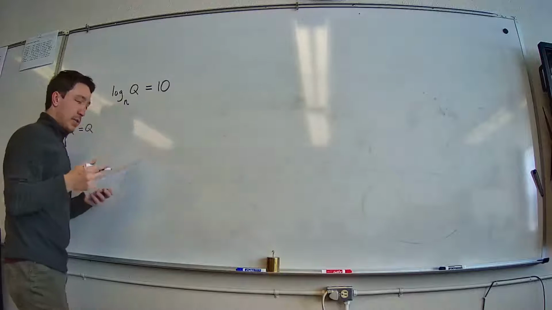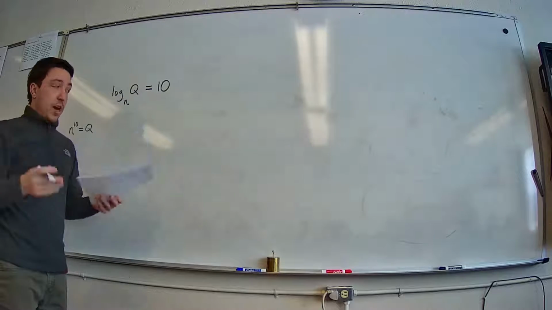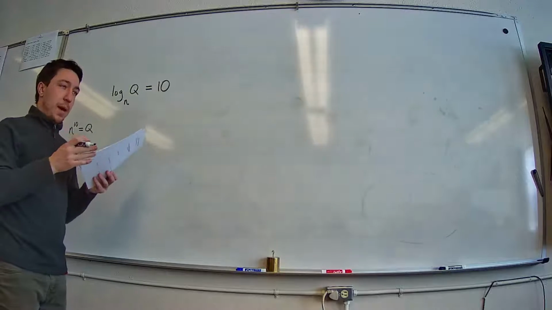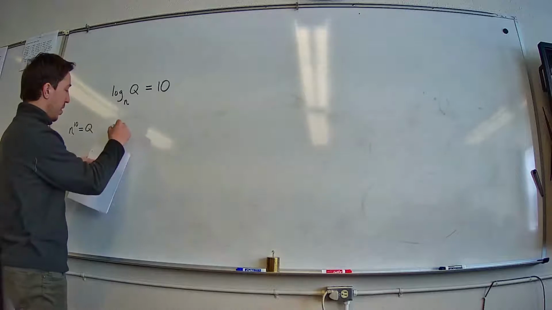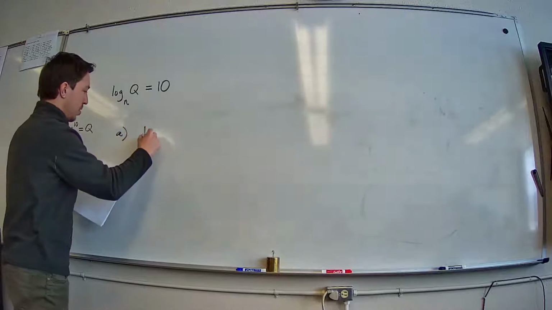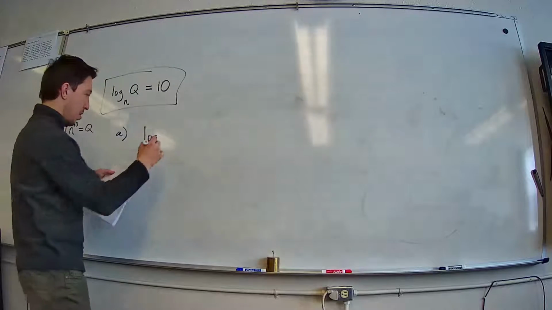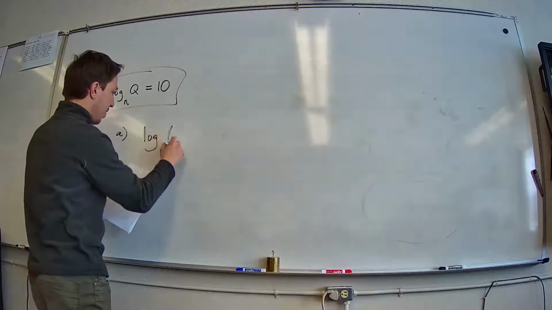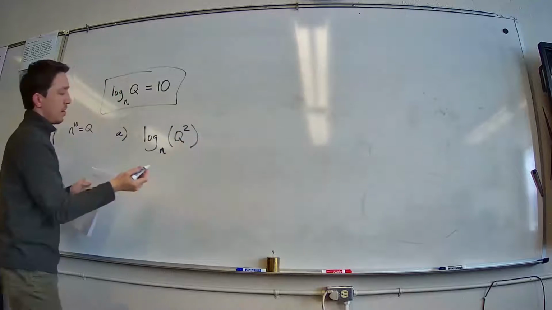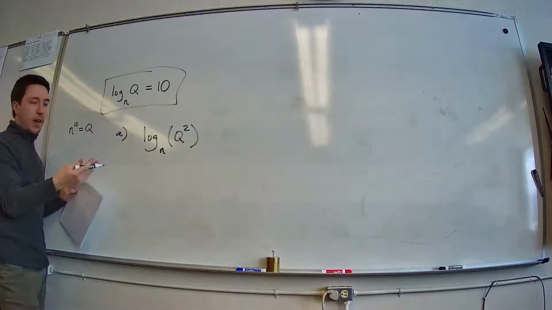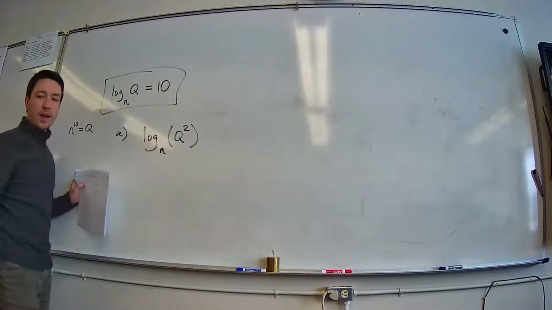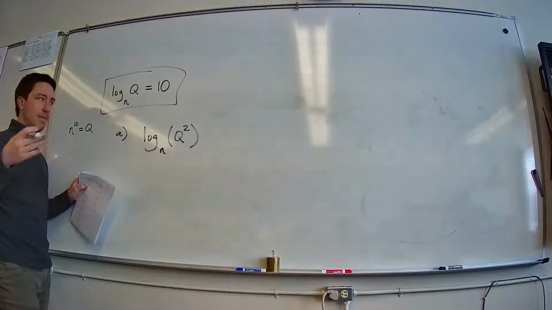I'm trying here to show you something about how logs work. So with the first one, it says, if this is the one piece of information we know, then what would log base n of q squared be? In other words, what happens if you square the thing you're logging? What happens to the number?